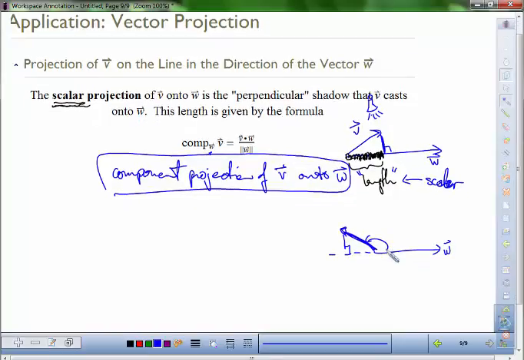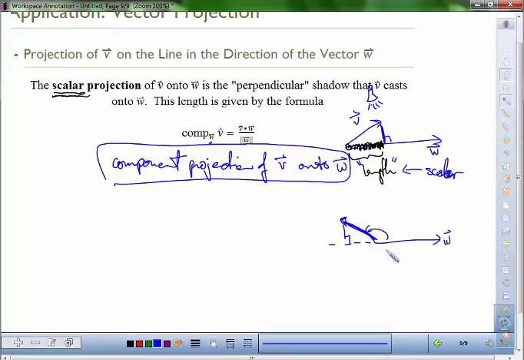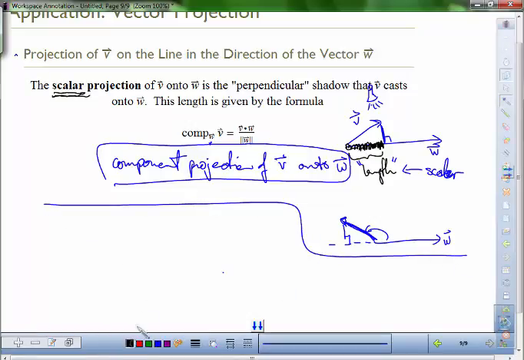Now, this is formally called a scalar projection. If there's a scalar projection, then there probably is a vector projection. Well, no. There is a vector projection, where the result that we have is actually a vector.